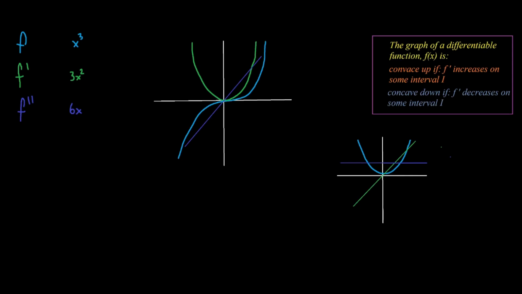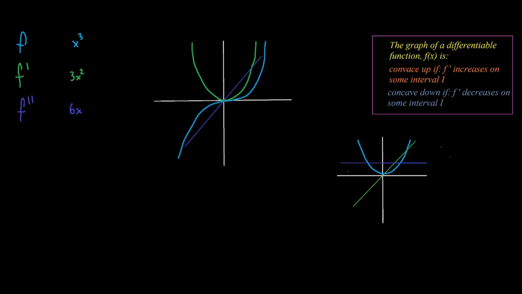So if we're using the same logic about f prime and its relation to f, then if f double prime is positive, that means that f prime is increasing. And we can see that's true because f double prime is always positive, and f prime is always increasing. Now that may not always be the case, but for this little example, it is the case.